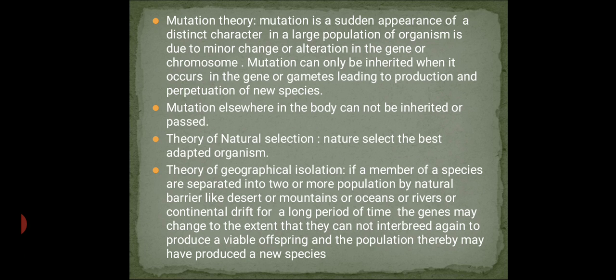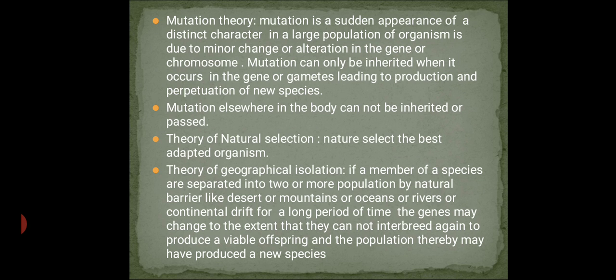The second one is theory of natural selection. It claims that nature selects the most fit organism while the weak ones are weeded out. That is the theory of natural selection.